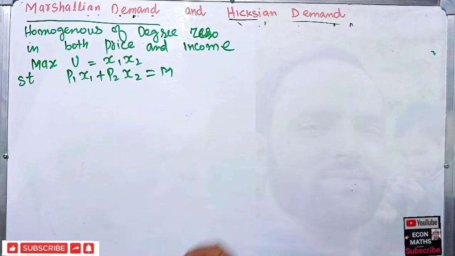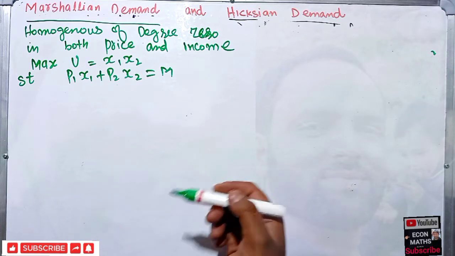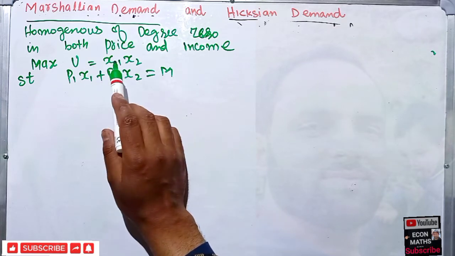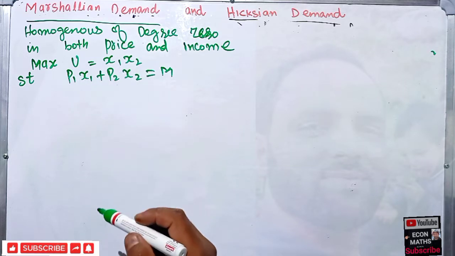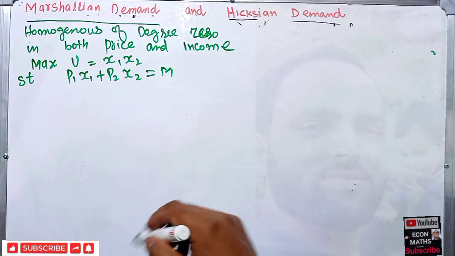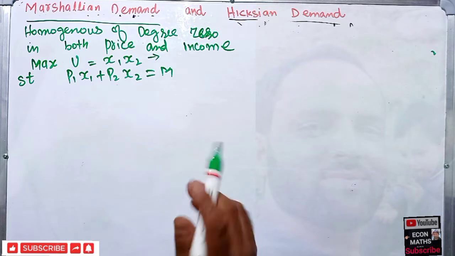Okay, so to show the homogeneity, we will first derive the Marshallian demand function. So we have the optimization problem. We want to maximize our utility subject to the budget constraint. That is, we want to reach the higher indifference curve, that is, maximizing the utility with a given level of income.